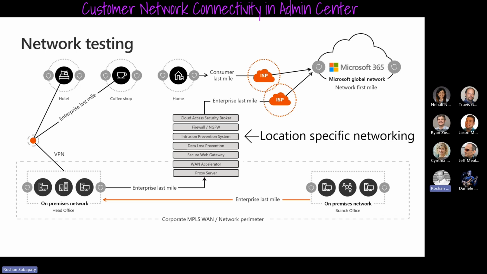We also need to identify the user location if possible, because ultimately, if we know the user location, then we are able to tell you if the branch office users have this additional distance to travel. So we need the network perimeter location, we need the user location, and we also want to detect who the network provider is.